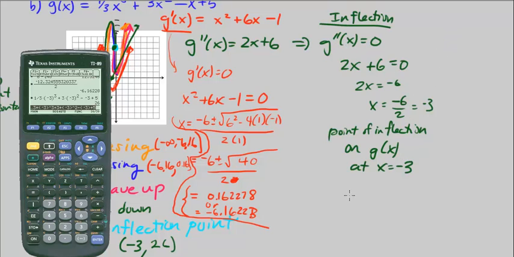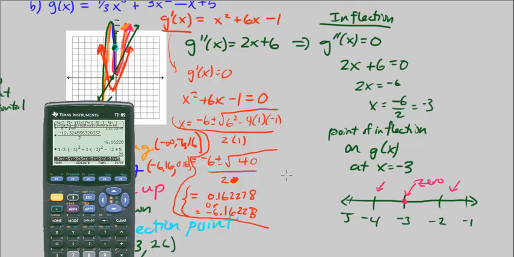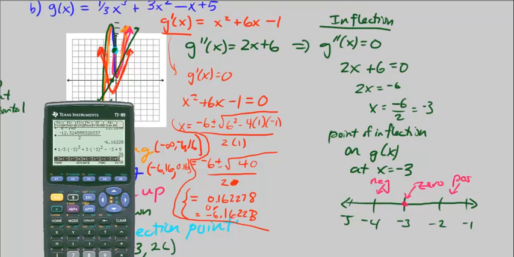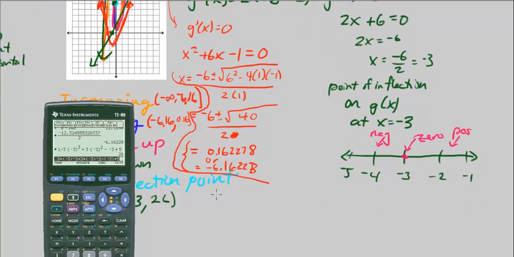On a number line, we know it's equal to 0 at negative 3, with negative 4 to the left and negative 2, negative 1, and so on to the right. Now here, will it be positive or negative? And on this side? We could plug in a point into our equation, or if we graphed it, we're going to see that it's negative here and positive here. So that means that it's concave down on the left.